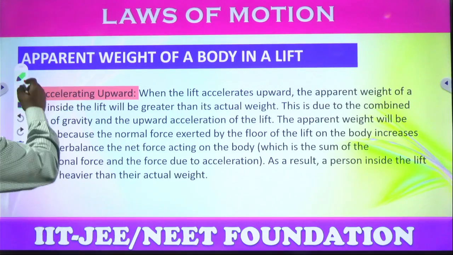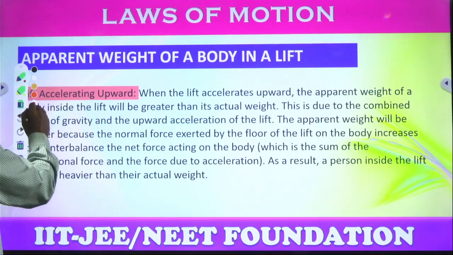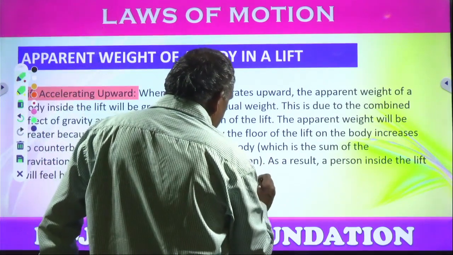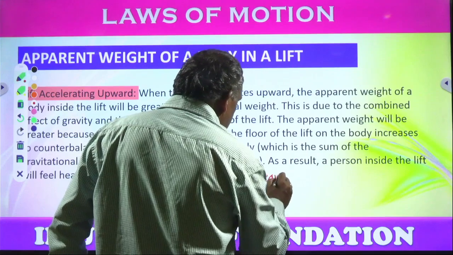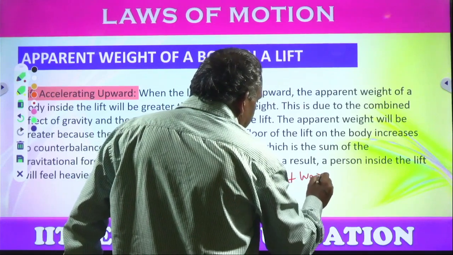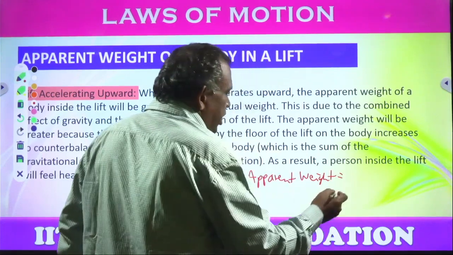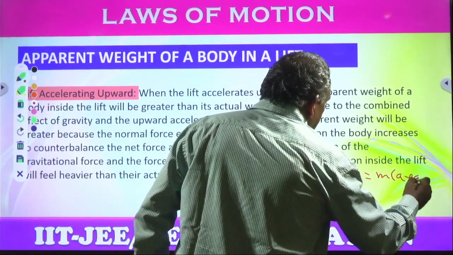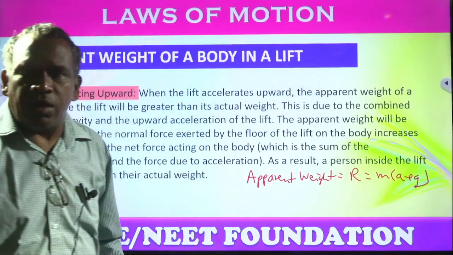It means that if the actual weight is mg, then the apparent weight, that is the normal reaction R, is equal to m into (a plus g). R is equal to m(a + g).